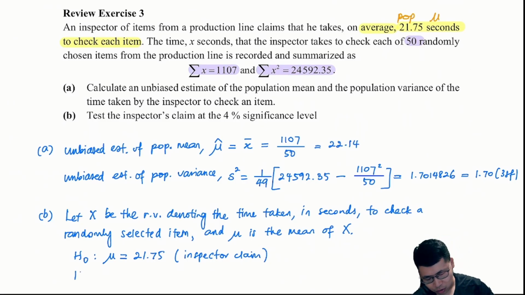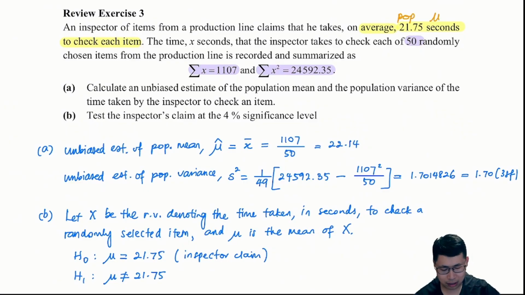Then for H1, there's no mention in the question of greater than or less than, or any increase or decrease, so the opposite of equal is not equal to 21.75. Based on this alternative hypothesis, we will need to take a two-tailed test later. Next step, we are going to look at the test statistic.